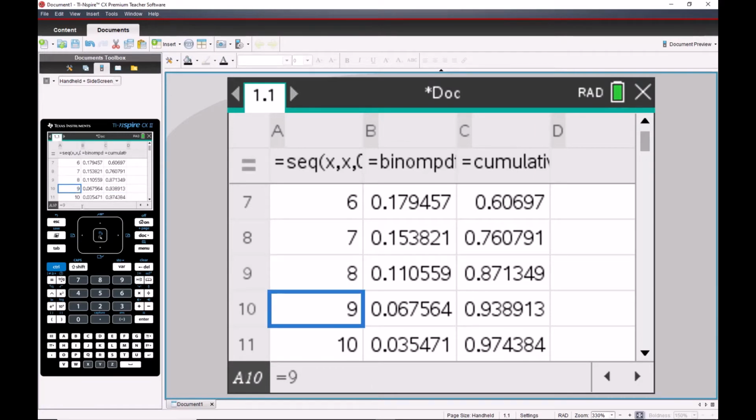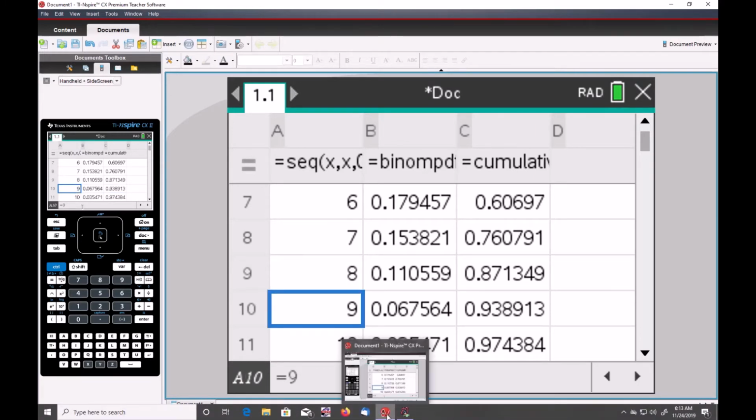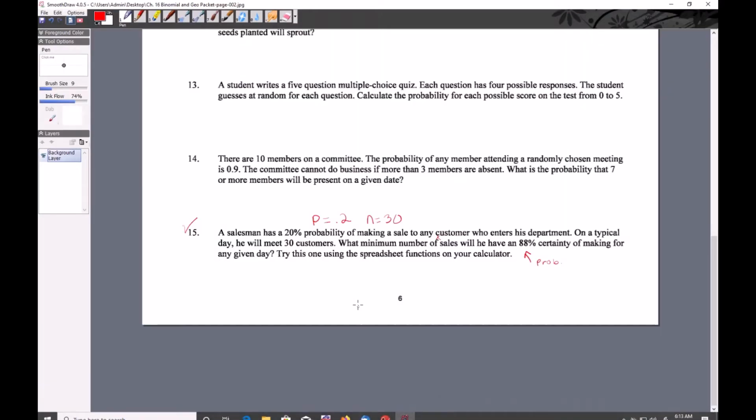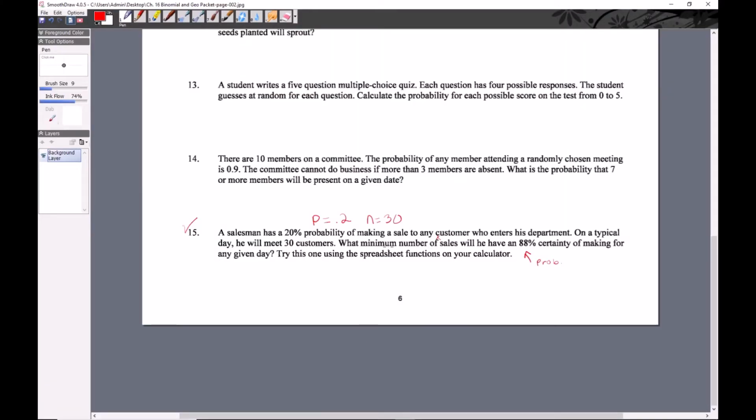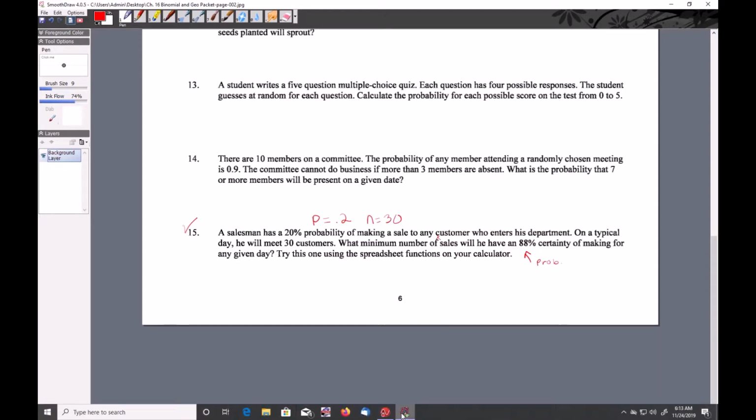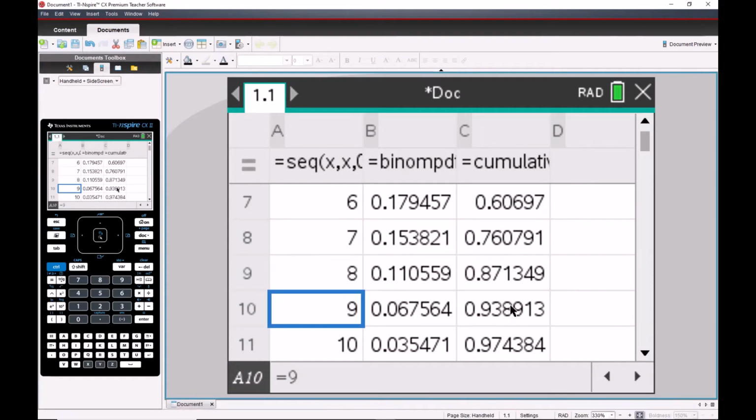And if you actually look at the question, it says, what minimum number of sales will he have an 88% certainty of making for any given day? Well, it won't be this because you're not quite at 0.88, so it's got to be this. So the answer for it is 9, which was great. I thought, what an elegant way to do the problem.